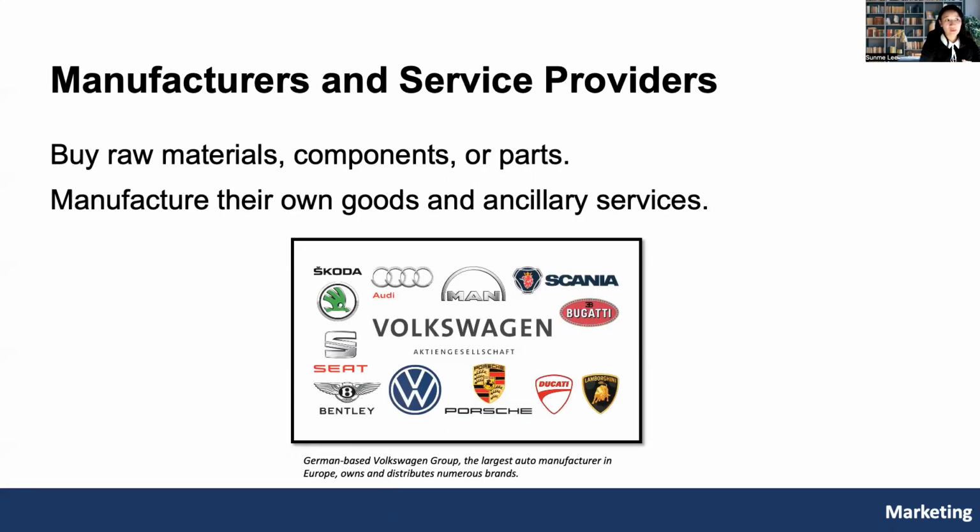Let's talk about manufacturers and service providers first. They buy raw materials, components, and parts, and then they produce their own goods and auxiliary services. To optimize and increase the efficiency of the process of searching for, analyzing, and validating information about parts and components, let me give you an example with Volkswagen.